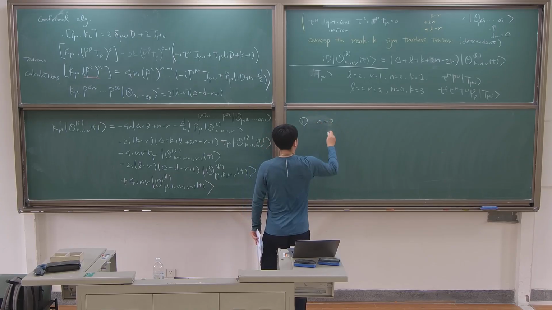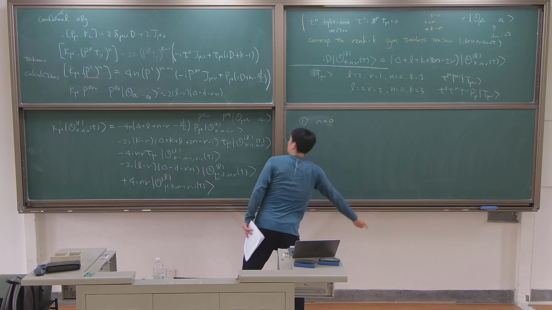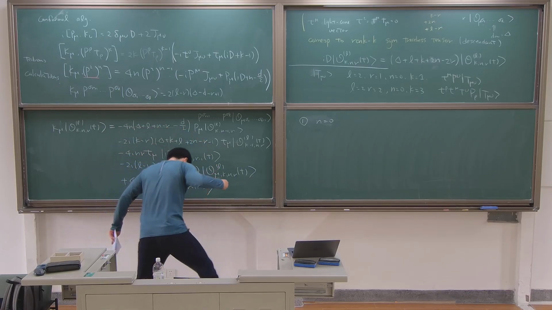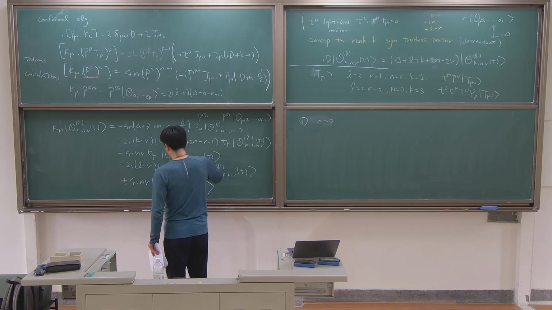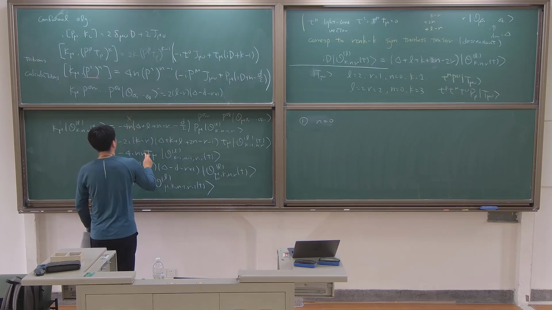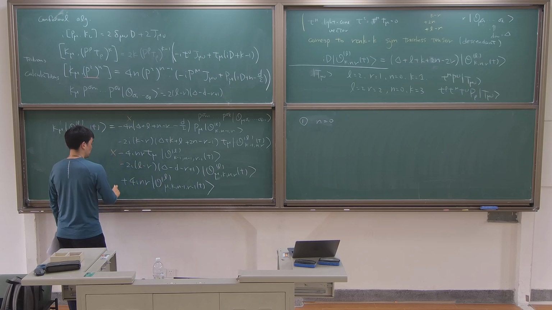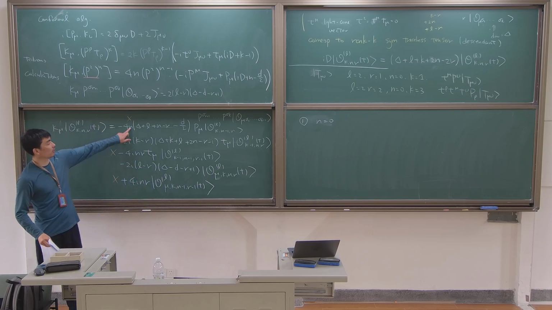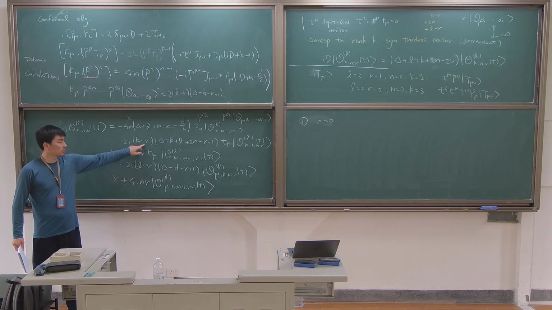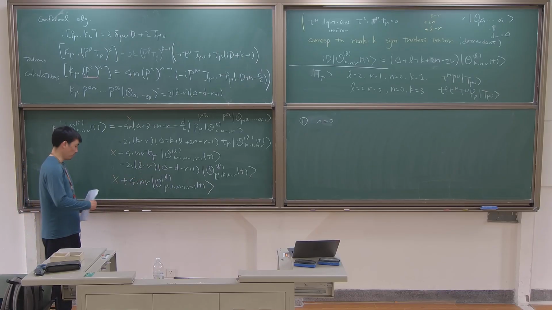If you set n equal to 0, you don't need to think about this term, this term, this term, or this term, because n equals 0. Okay? What's left is these two. Then we need to impose that these two terms become 0. And there are two ways of doing that.